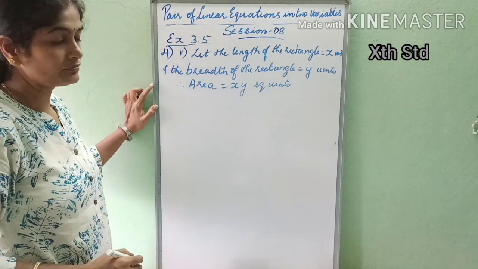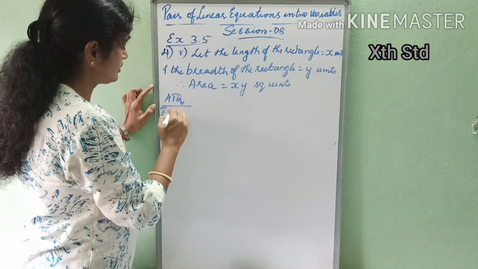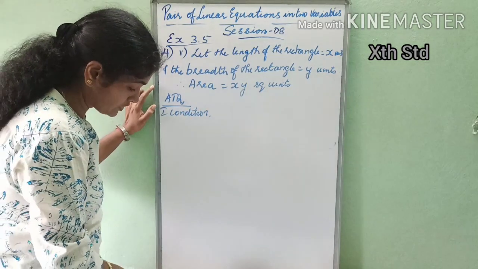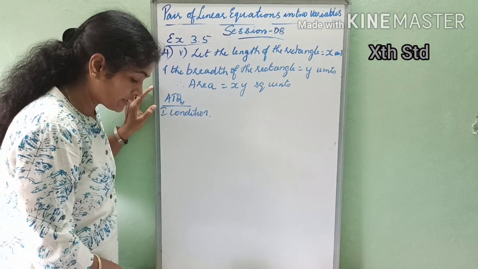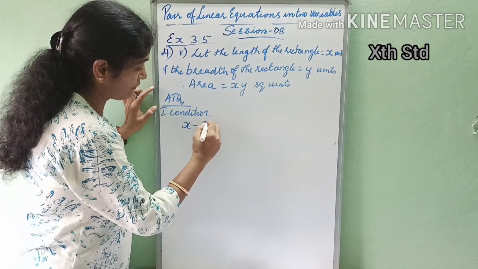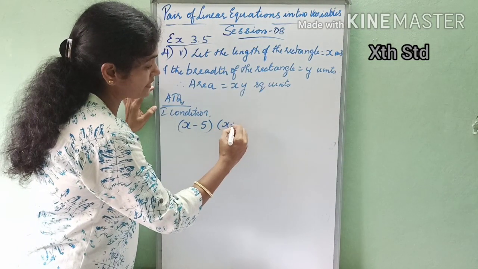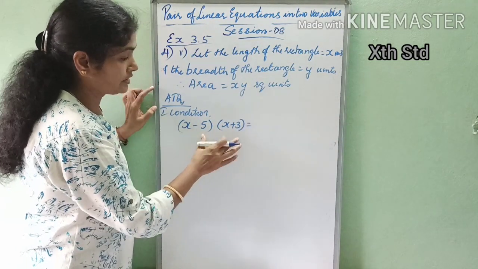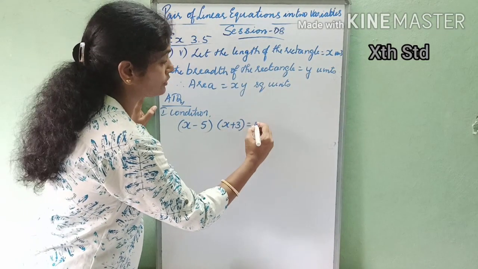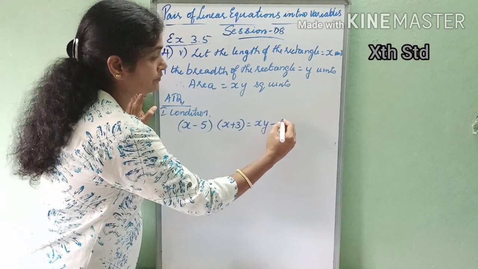Right? Now, according to the question, we'll see the first condition. The area gets reduced by 9 units if the length is reduced by 5 and the breadth is increased by 3. So y plus 3 gives you the new breadth. That is (x minus 5) into (y plus 3) is equal to the old area, that is xy minus 9.